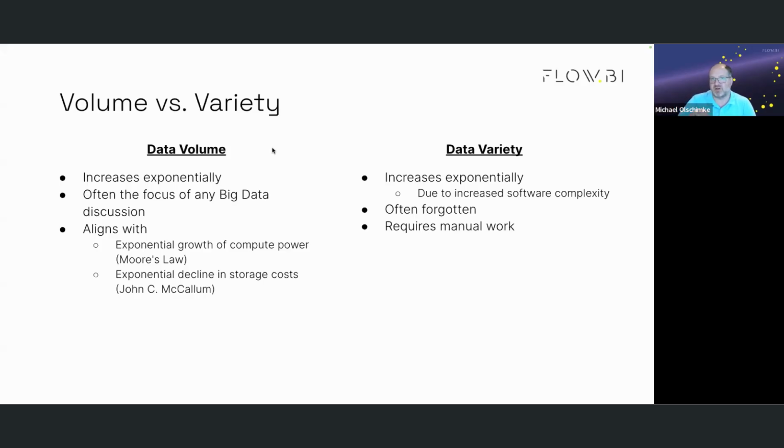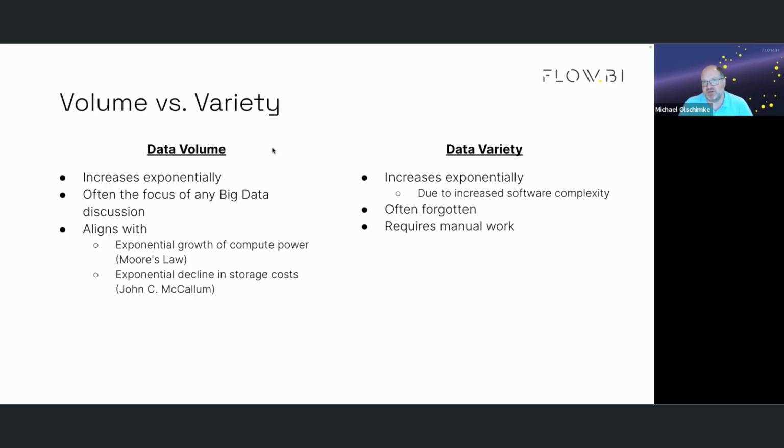So that's all good, because it means we can deal with the exponentially increasing data volume. That's fine. And it also aligns with the exponential decline in storage costs, by McCallum, not that well known as Moore's law, but still true. We observe it all the time, right? Storage becomes cheaper and cheaper. So data volume is not the big issue here, because we have exponential solutions, right?